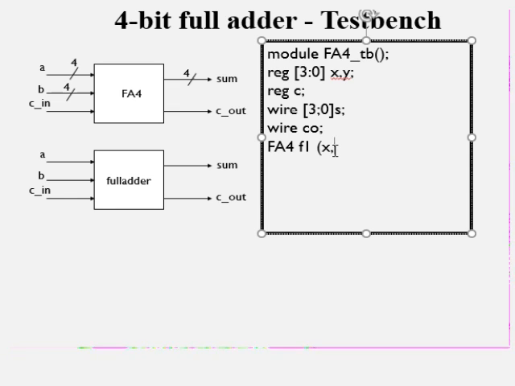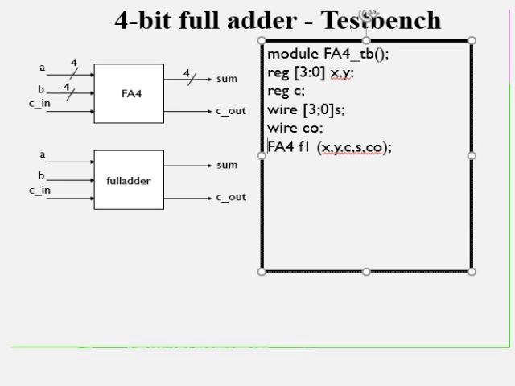Here they correspond to X and Y. The third one is the input carry, named C here. The fourth parameter in my module definition was the sum. Here I have declared it as S, a 4-bit signal. And the last one is carry out, a single bit line. Now this is the instantiation of your 4-bit full adder inside the test bench.